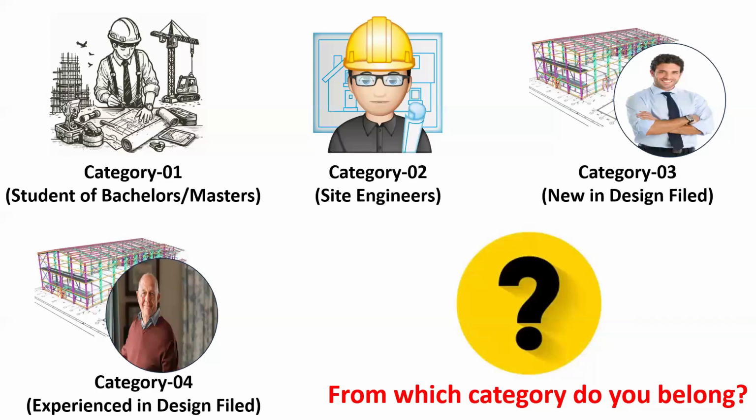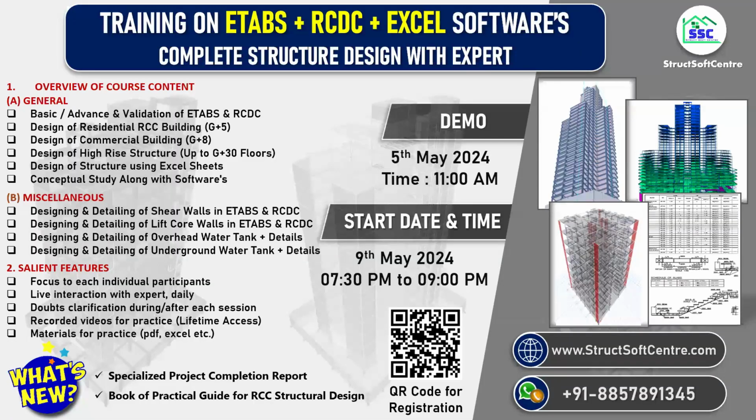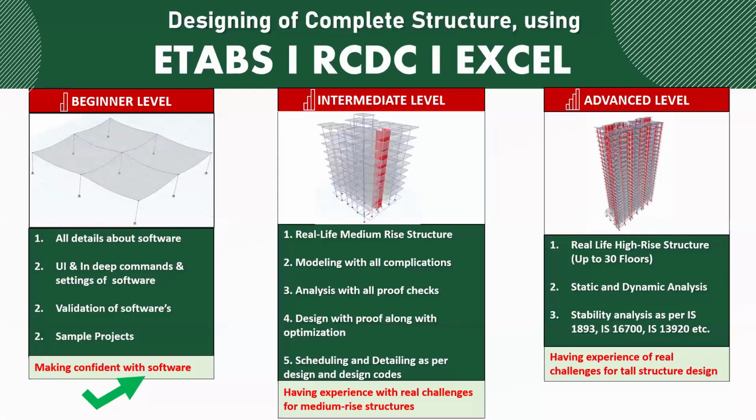Now, without wasting time, further we are going to understand what topics and what things we are going to cover in this training program in depth. This training program consists of 3 levels. We are going to cover 3 levels in this training program itself: the beginner level, the intermediate level, and the advanced level.